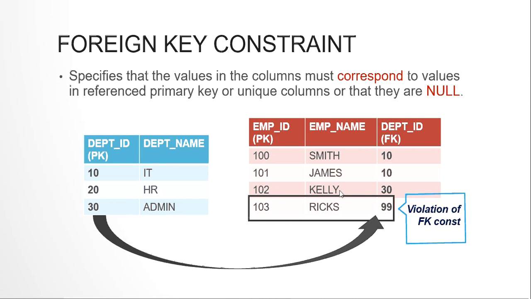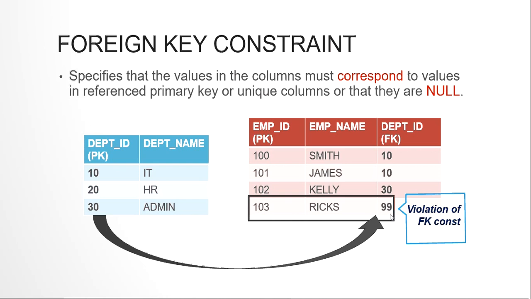What a foreign key constraint does is specify that the values in a column, like in this department ID, must correspond to values in a referenced primary key or unique key. They must be from another table's column, which is again a primary key or a unique key, or that data is null, right? So this is what foreign key is all about.